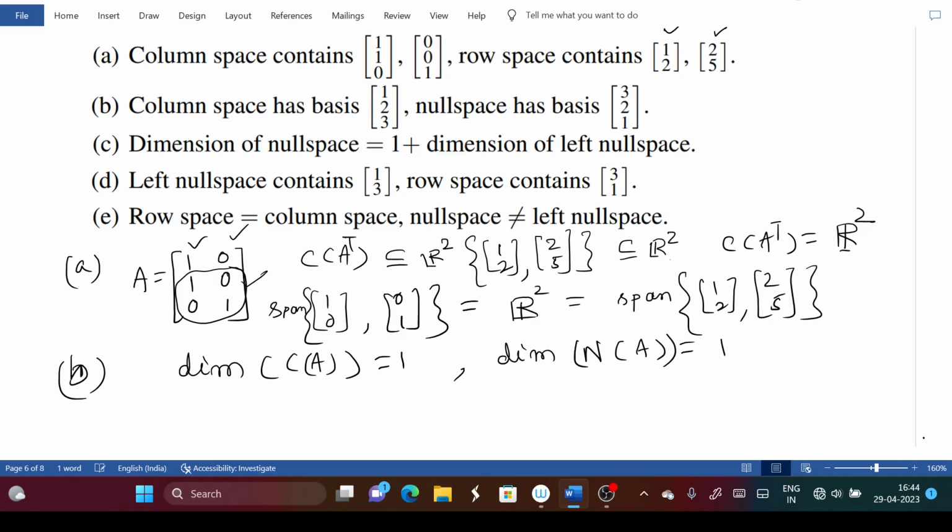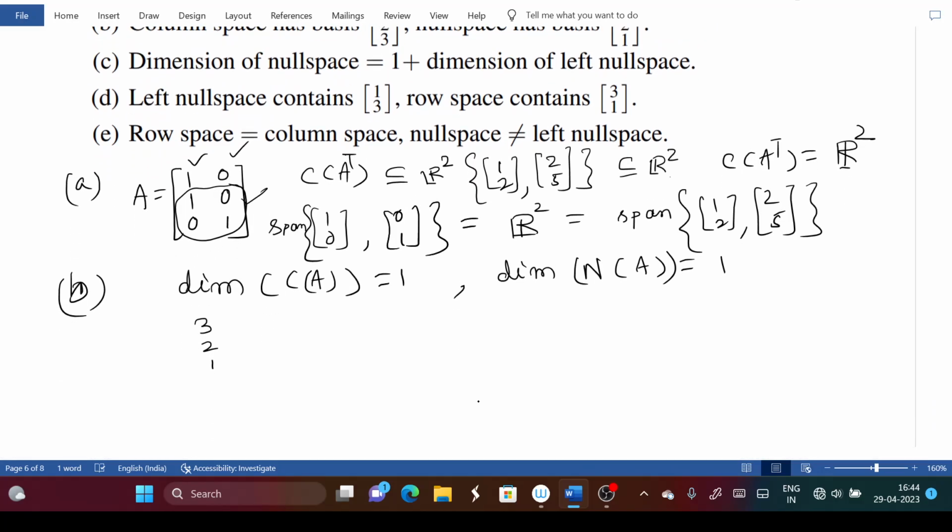But we know, to have three components, if (3, 2, 1) belongs to N of A, this implies A has 3 columns.